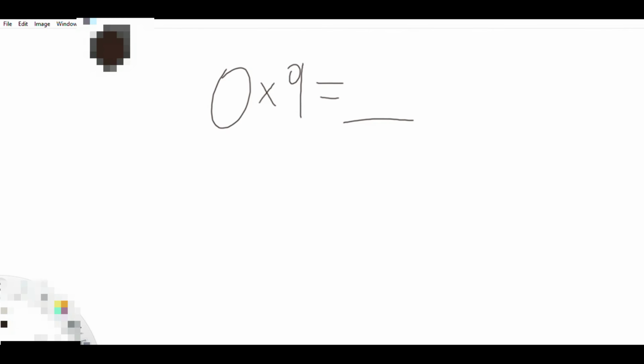Or question mark. So let's solve this. Even many people will know 0 times 9 is 0, but let's prove how 0 times 9 is 0. So first let's use the array.